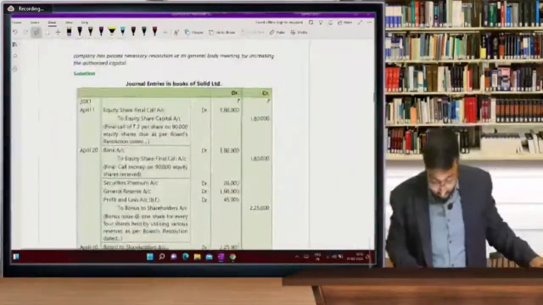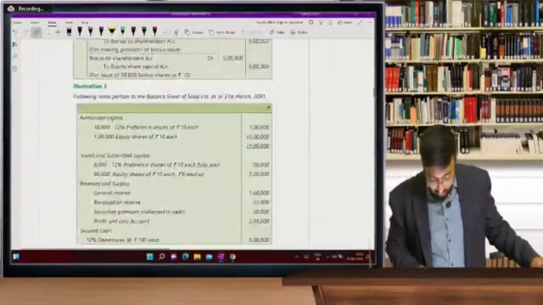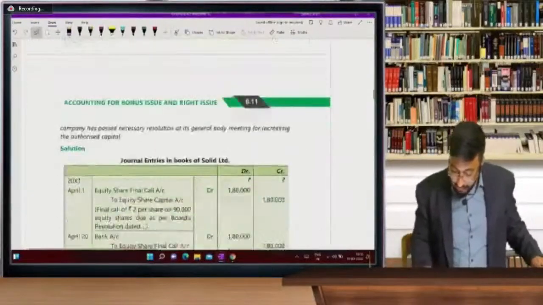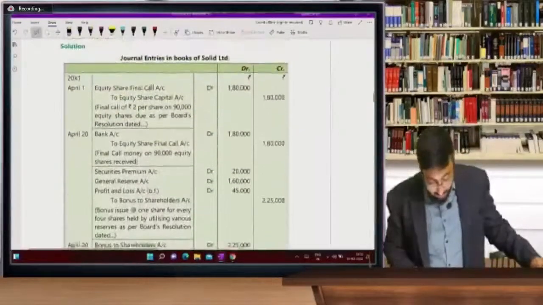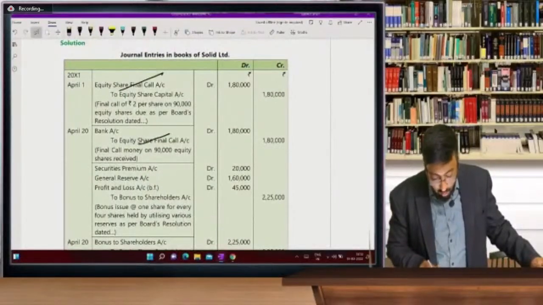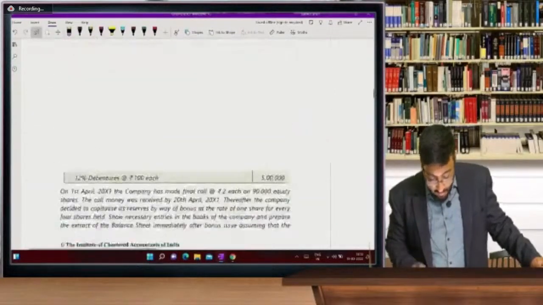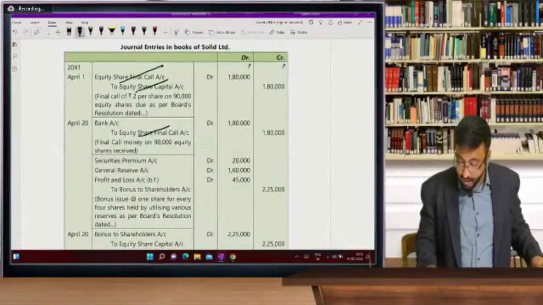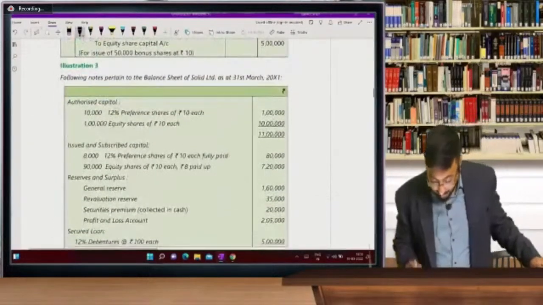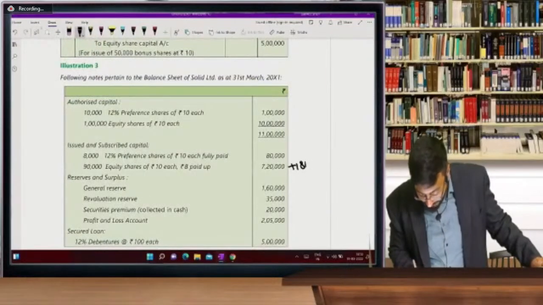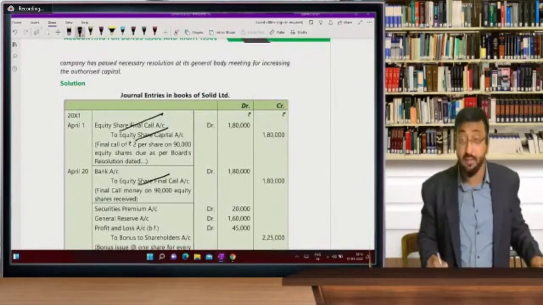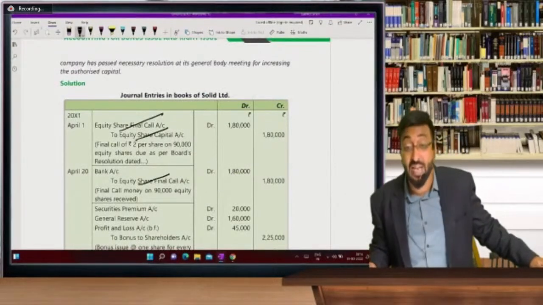Okay. So now you can see here, you have to increase your share capital. Now the equity share final call is getting cancelled. Bank account, we have not prepared the asset side. Equity share capital is increased by 1,80,000. So I will add 1,80,000 to this equity share capital. This is what you call updation.